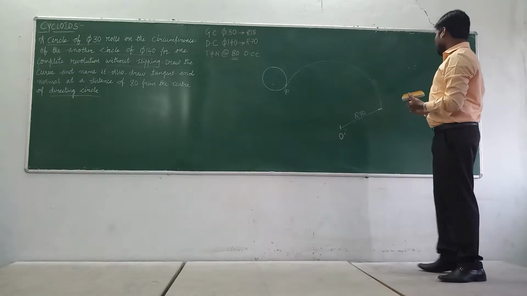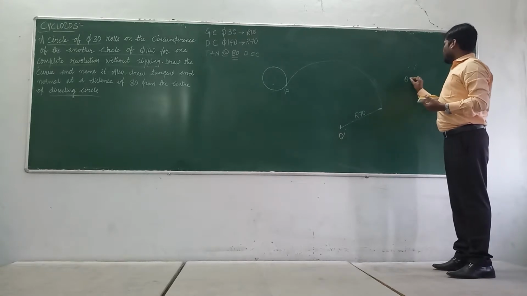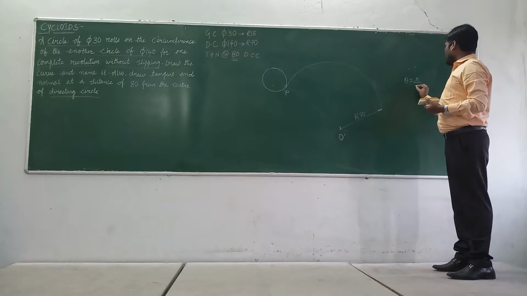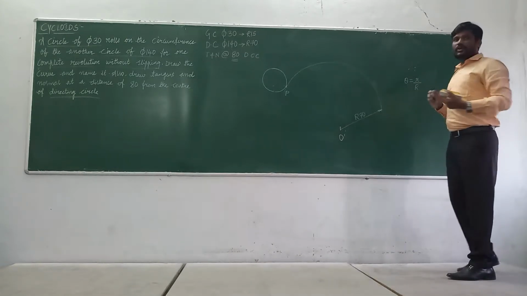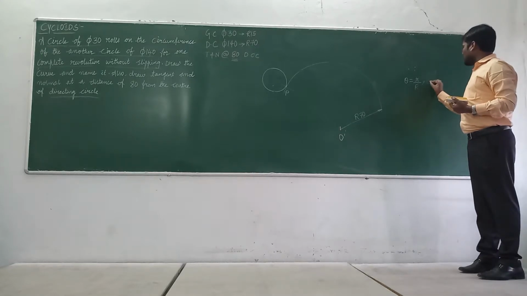Then to calculate it, I have a theta value, the angle of the curve, that is the radius of the generating circle divided by the radius of the directing circle, into 360 degrees.